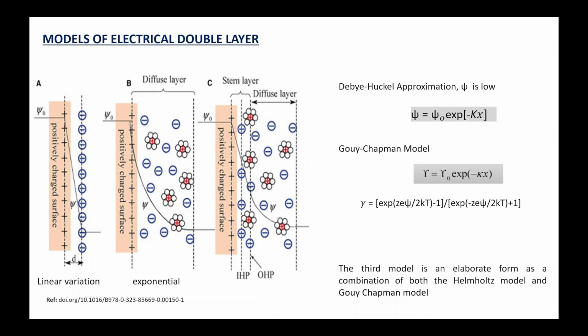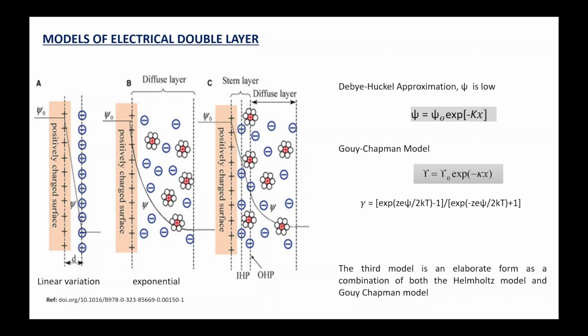So the third model is more of a combination of your first model, that is the Helmholtz or the capacitor model, and then the diffusive layer model. The place up to which the potential is going to decrease linearly with the distance is called the Stern layer.